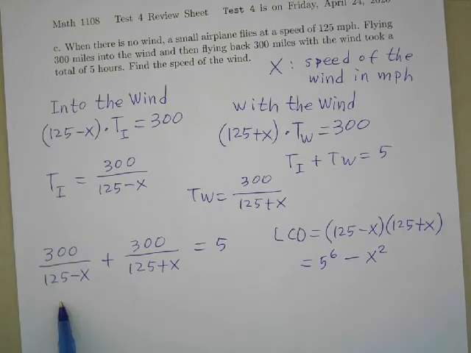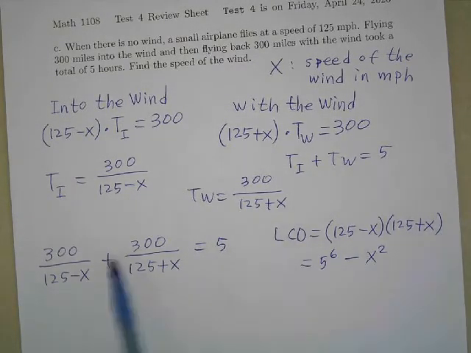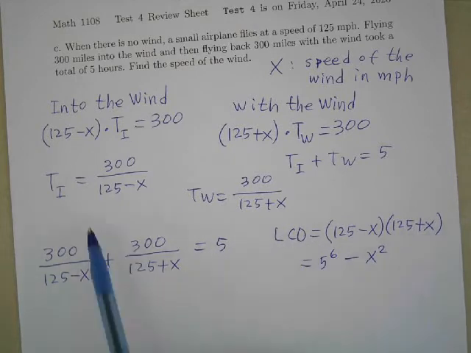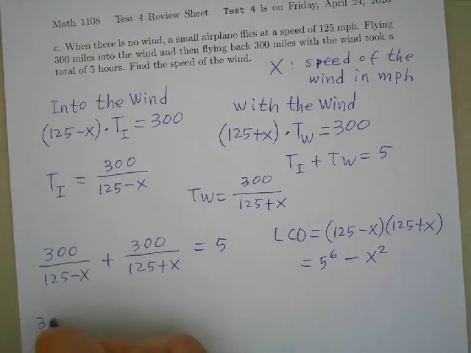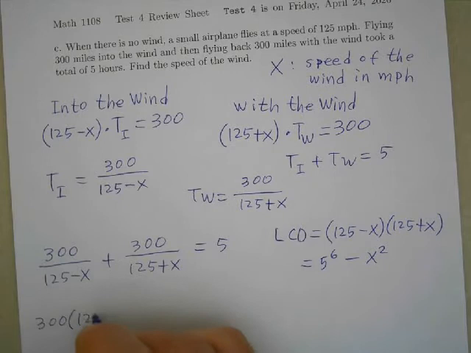Okay, in the next step, we'll multiply every term on both sides by the least common denominator. When we multiply the least common denominator by 300 over 125 minus x, the 125 minus x factors cancel, and we're just left with 300 times 125.